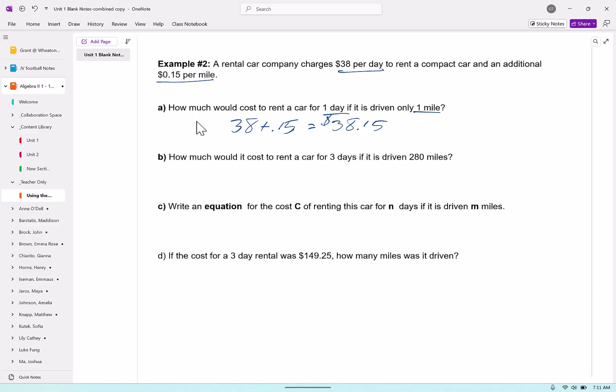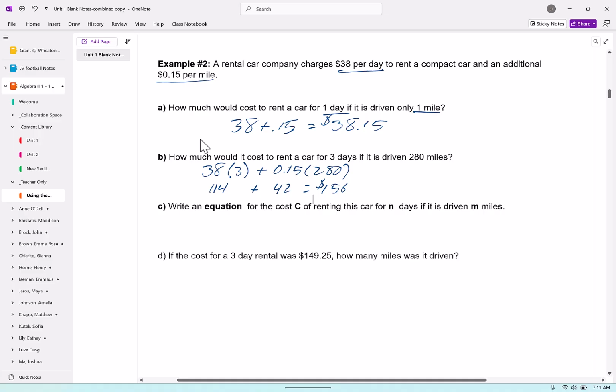So I have to put together an idea of how I'm going to do that. I have 38 times 3 days plus 15 cents times 280 miles. If I plug that into my calculator, I get 114 plus 42, which gives me $156 for those 3 days and 280 miles.